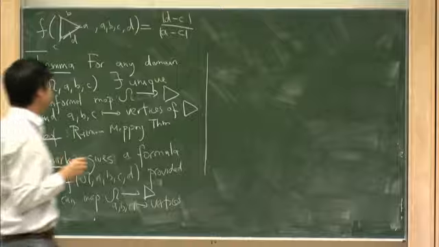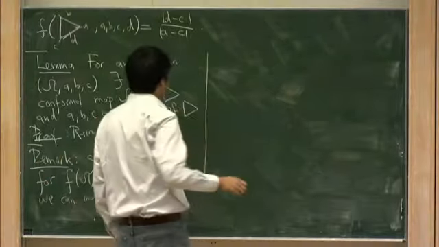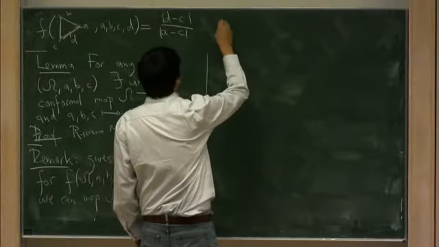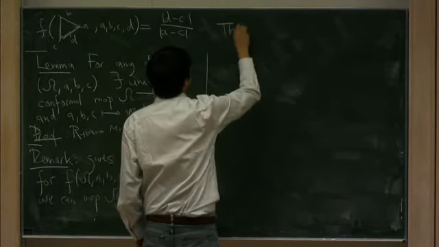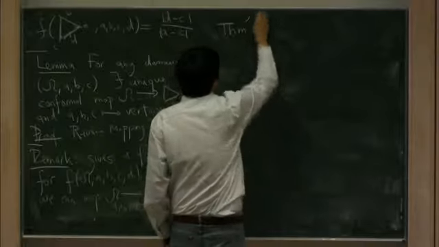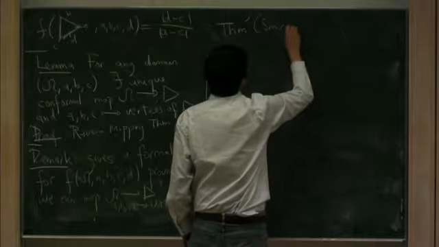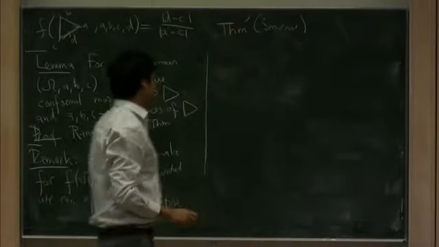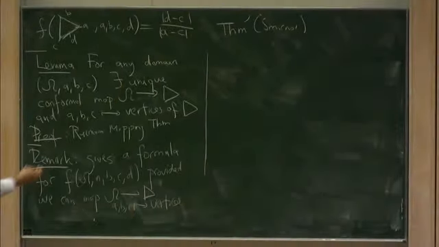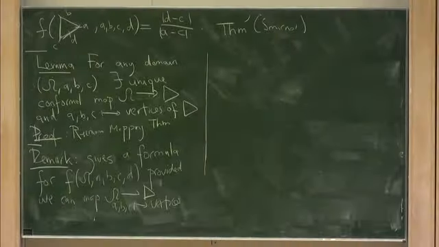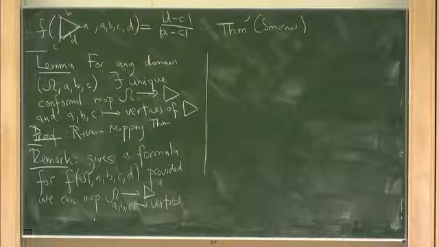So the second form of the theorem of Smirnov, let's call it theorem prime, is a bit more specific, and it really shows that complex analysis is the main player here.